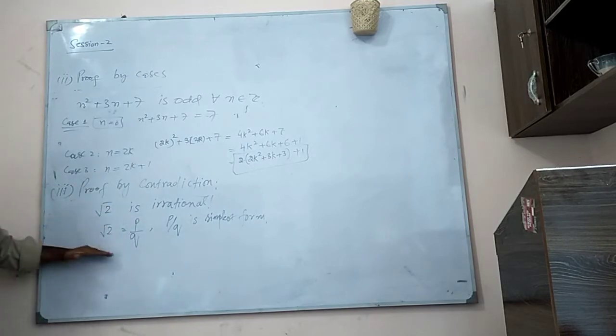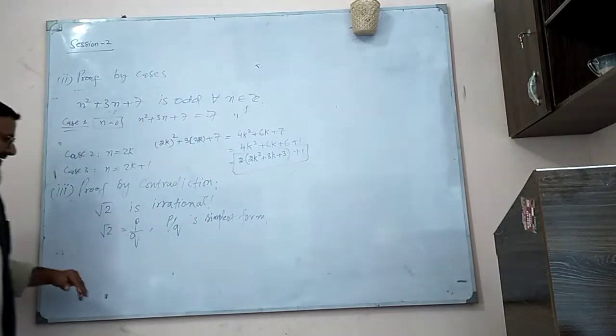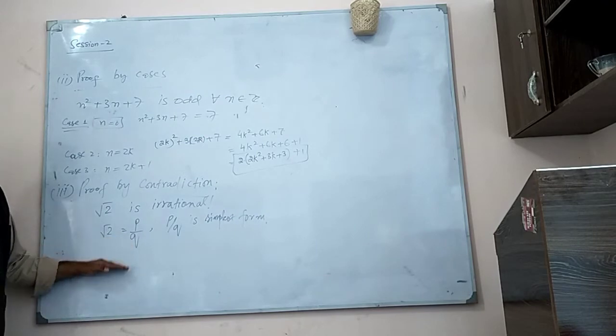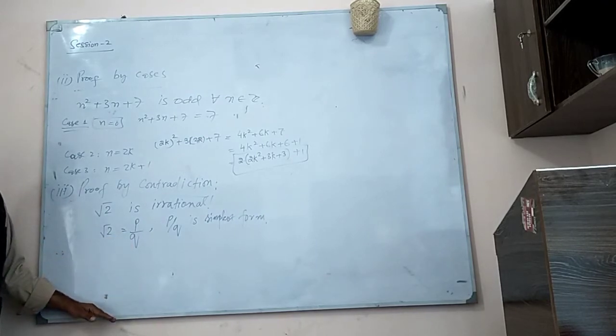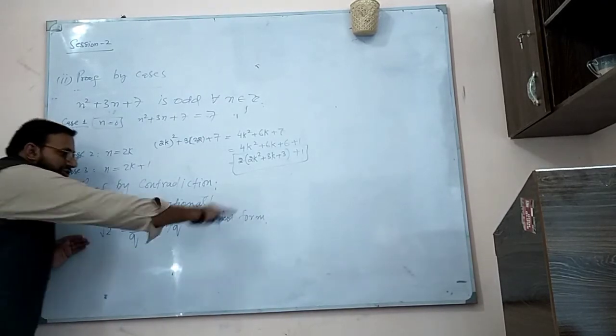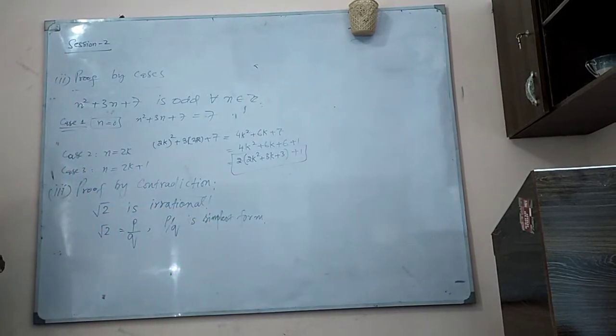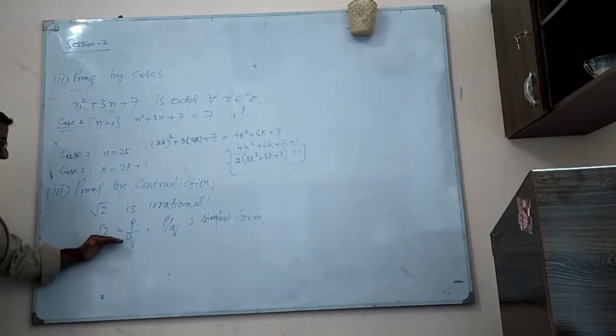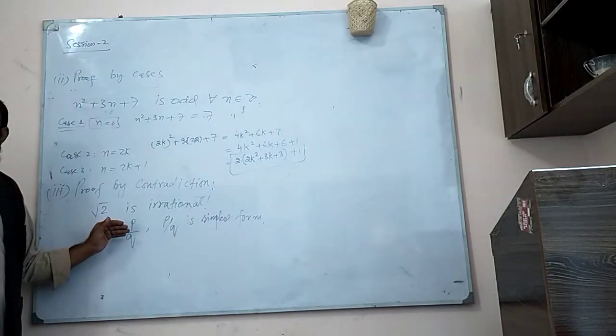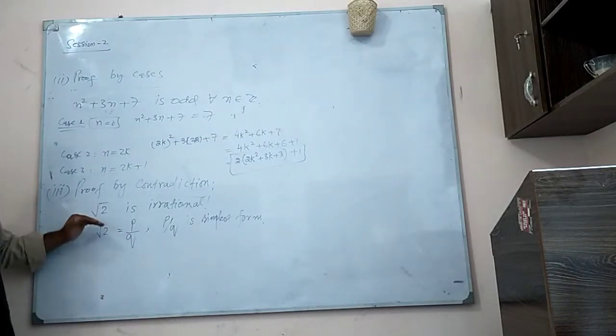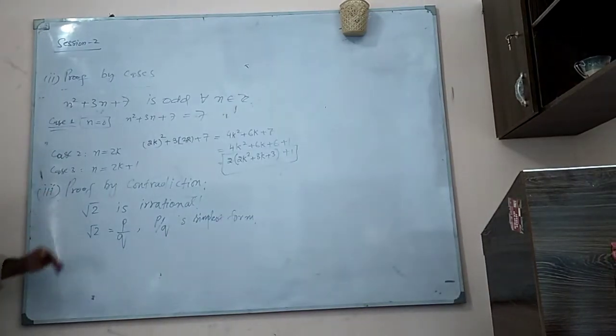You assume this, then this assumption leads to something which contradicts your assumption. Then we believe that, okay, we said this is rational, but since it leads to a contradiction, it is false. If it is false, then the opposite must be true. This is what we call proof by contradiction.